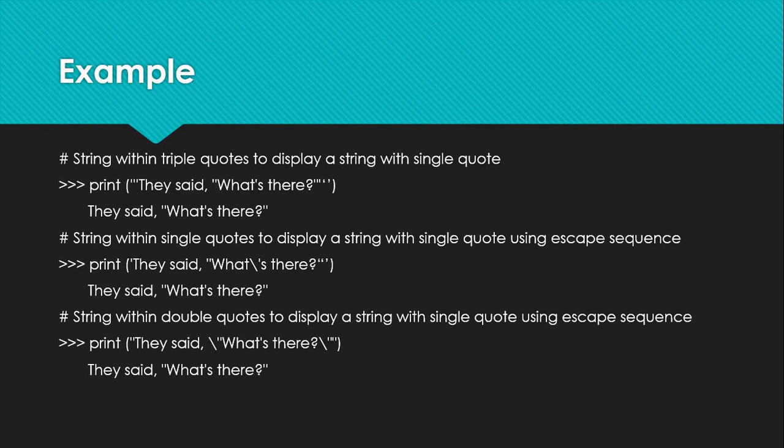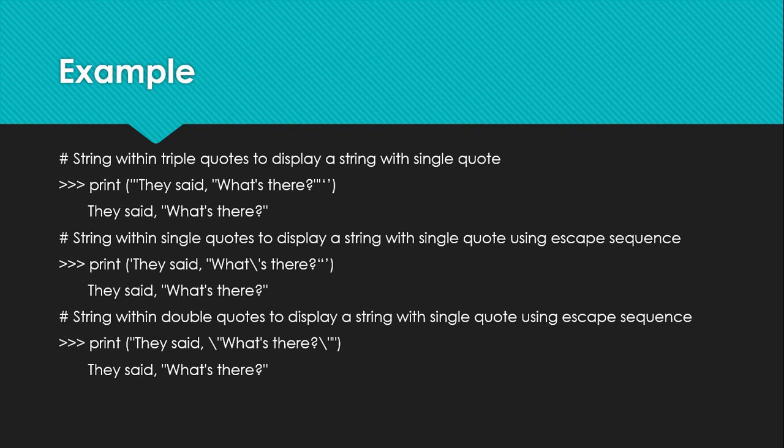Now look at the third example there, string within double quotes, to display a string in single quote using escape sequence. You have a double quote. Within the double quote, you want to include another double quote and a single quote. So to include a double quote, you must have a backslash there and end it with a backslash.